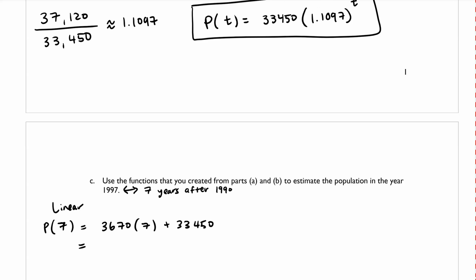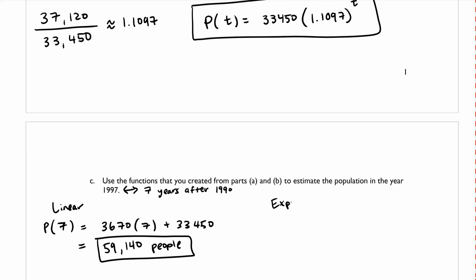And I threw that into my calculator and got 59,140 people. So according to our linear model, our population will be 59,140 people in the year 1997.